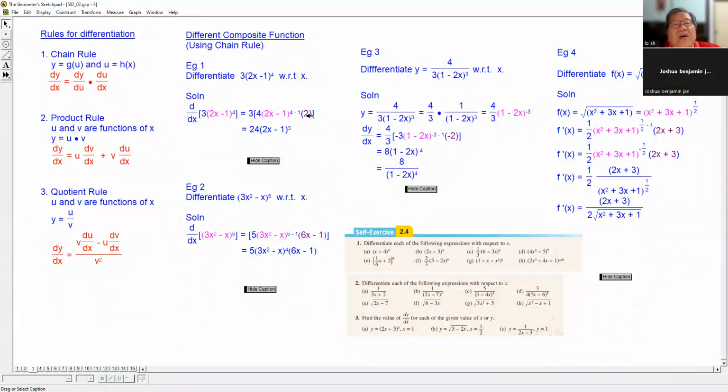I just want to show you different colors so that you know there are 2 differentiations. But if you already know, you have done many questions, then no need to show the color. Once you understand that, you know what to do. The purple color is differentiate the bracket. The brown color is differentiate what is inside the bracket. You have to go through these 2 differentiations in order to get the final answer.